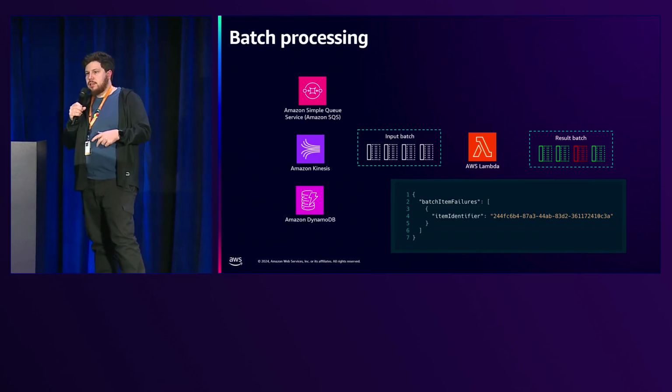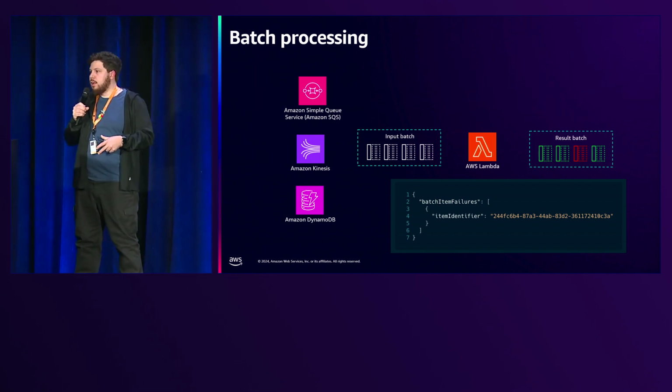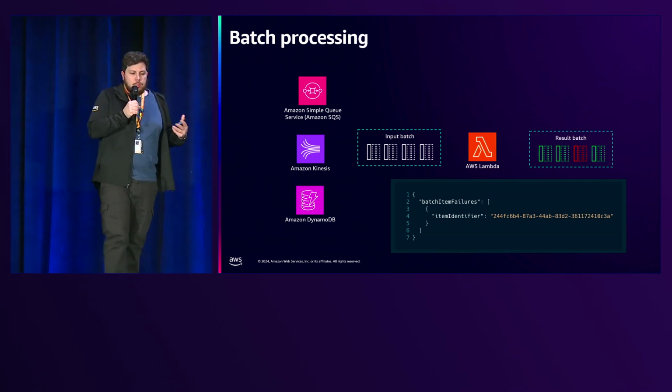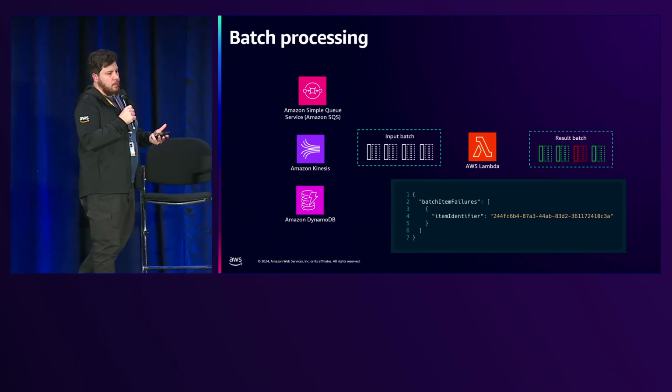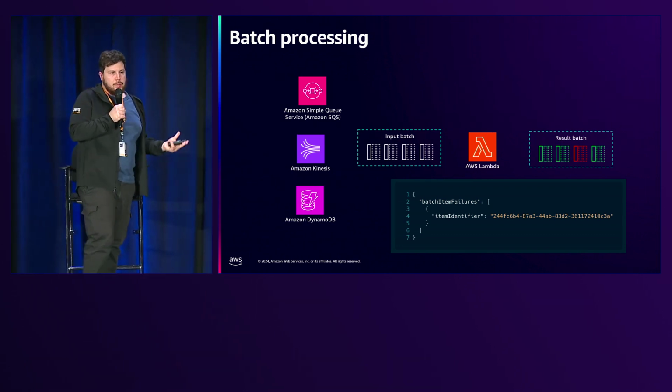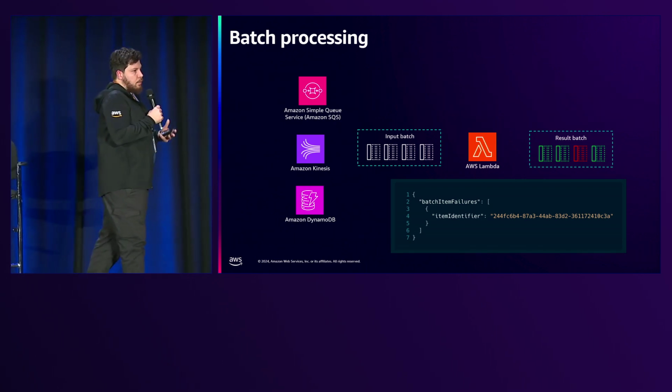And those objects may or may not have to be processed sequentially or in parallel. Something that not a lot of customers know and leverage is the fact that all those triggers that I'm showing you support something called partial failures.